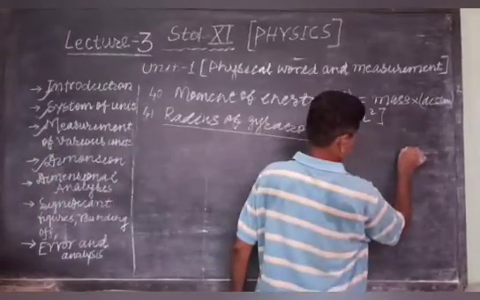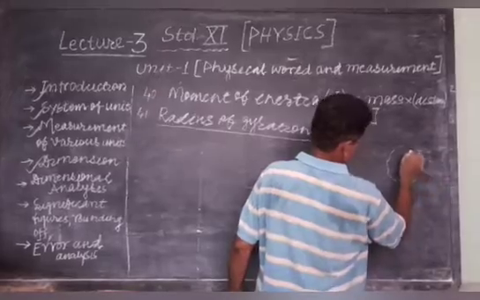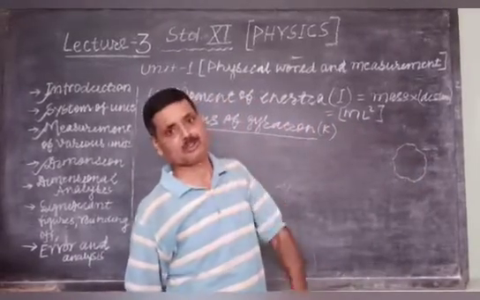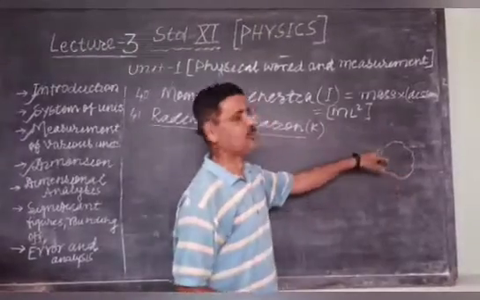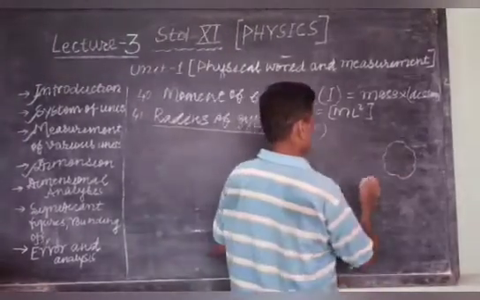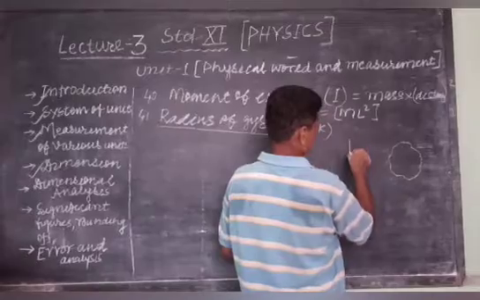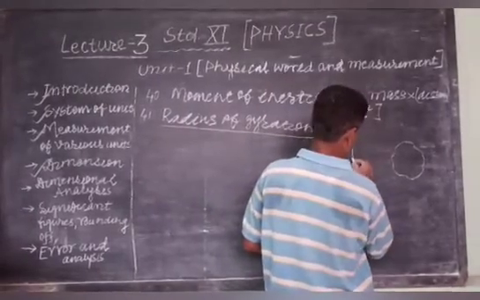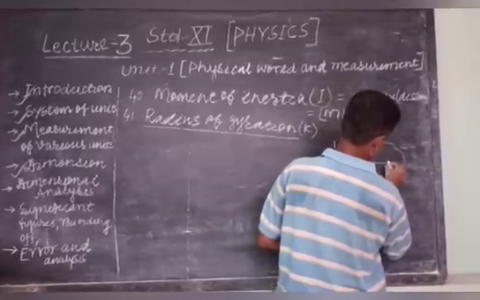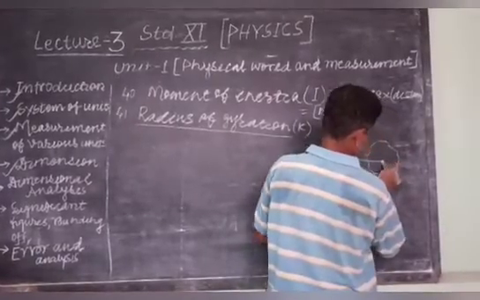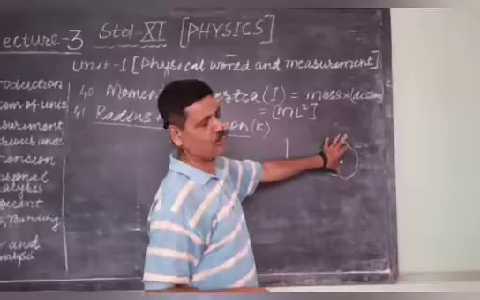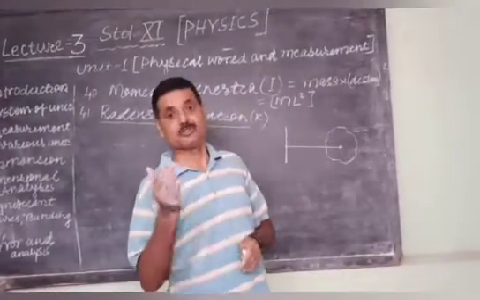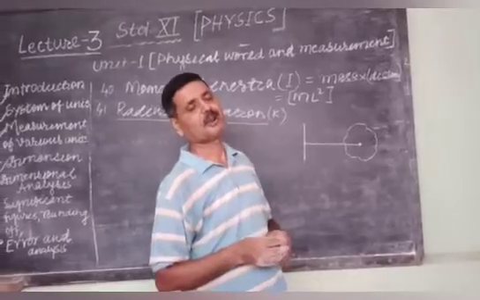For your concept, suppose this is a rigid body. Rigid body means a body of irregular shape. Suppose this is a particular axis. This is the point where the entire mass of the body is concentrated. That point is called CG, center of gravity.